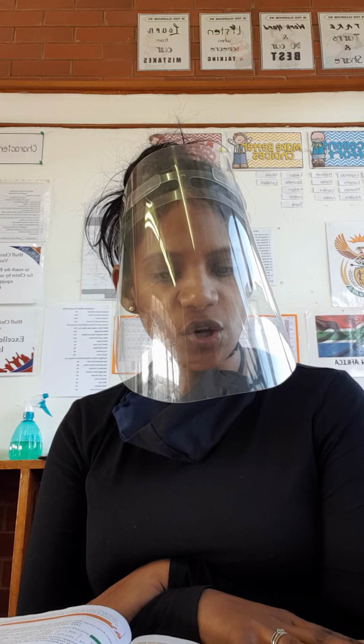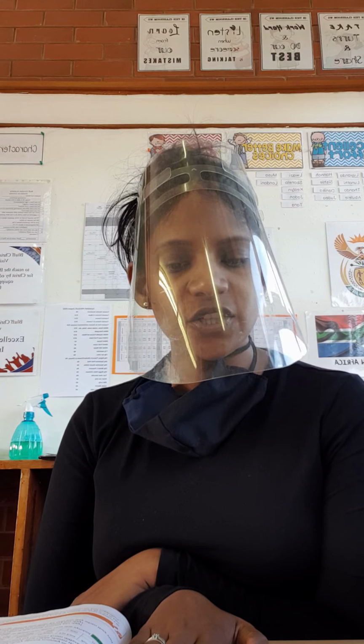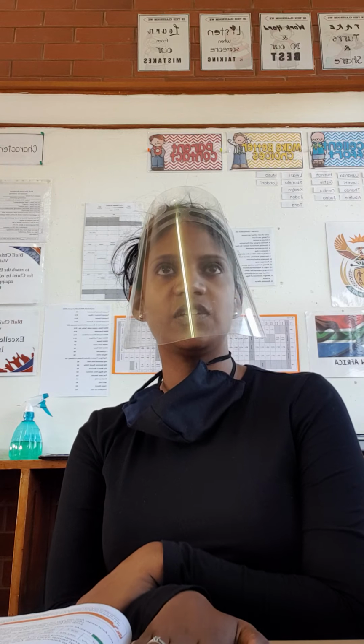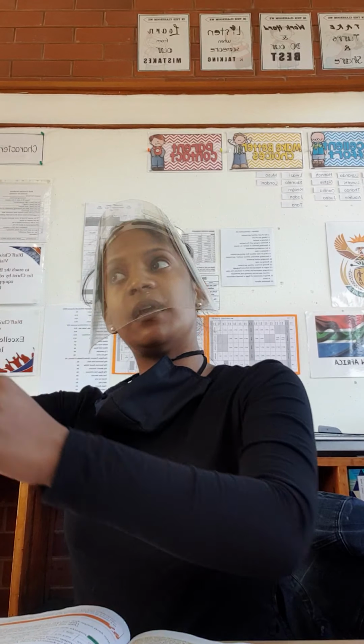Comparing graphs on the same topic. Graphs that show the same data can look quite different. And some reasons for this are the source of the data can be different. So I want to know how many people like McDonald's. If I did a bar graph for the children sitting here, I'm going to have lots of people, isn't it, Abulele? Right.